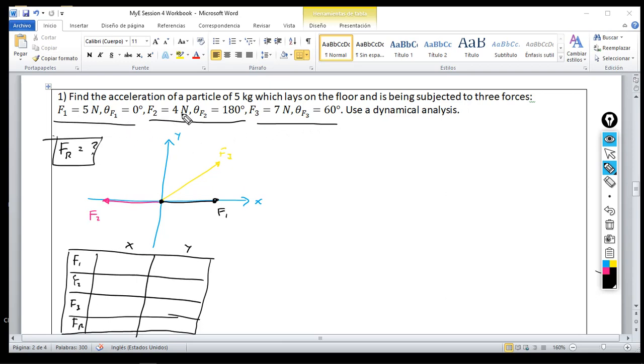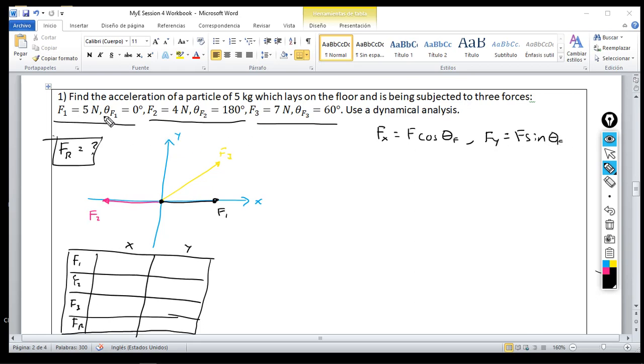I want you to get the components of each of these forces and remember the formulas. For F of x, for the x component, that's the magnitude times the cosine of the angle of the force, and for the y component you multiply the magnitude times the sine of the respective angle.